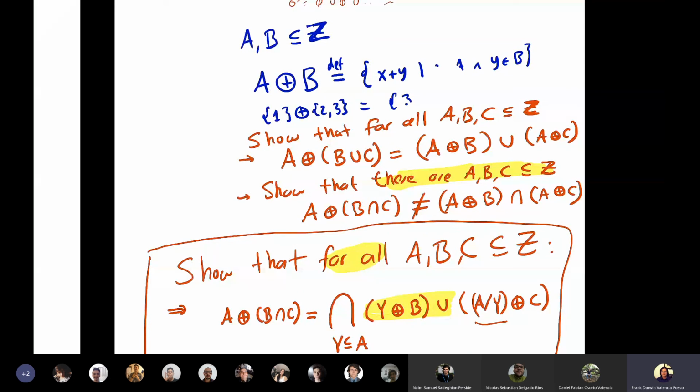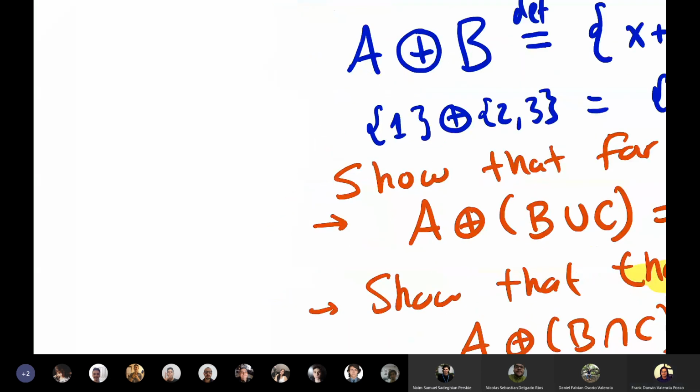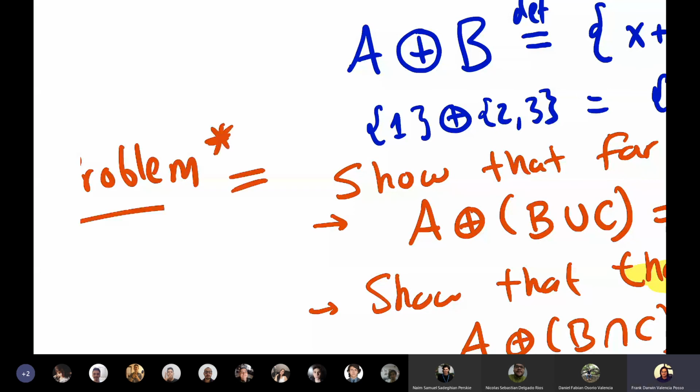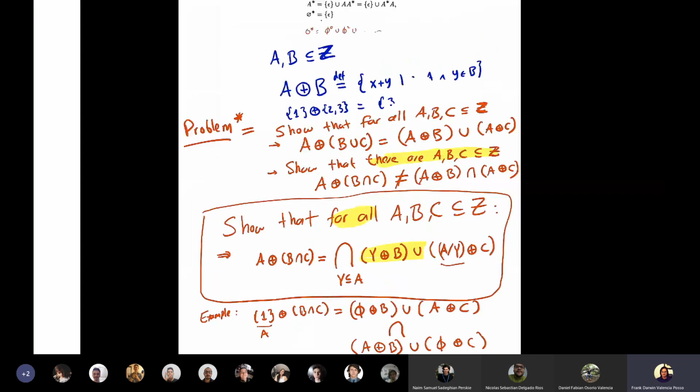Le voy a poner un nombre de una vez. Este problema que está aquí con este disco no es una tarea, es opcional para aquel que quiera hacerlo y ser exonerado con un 5 del primer examen. ¿Ya?